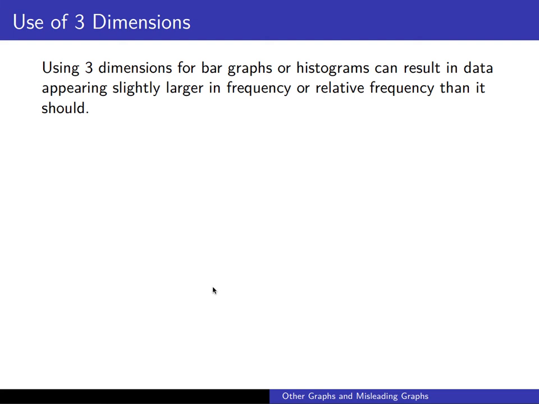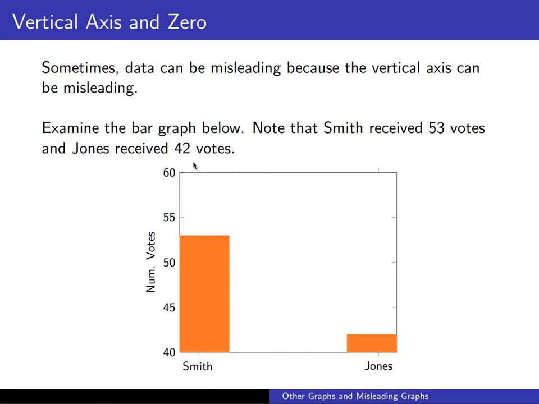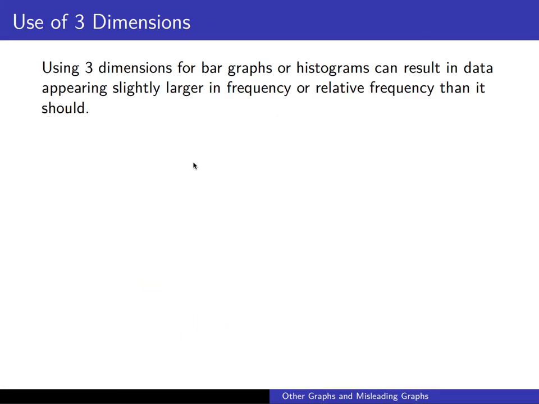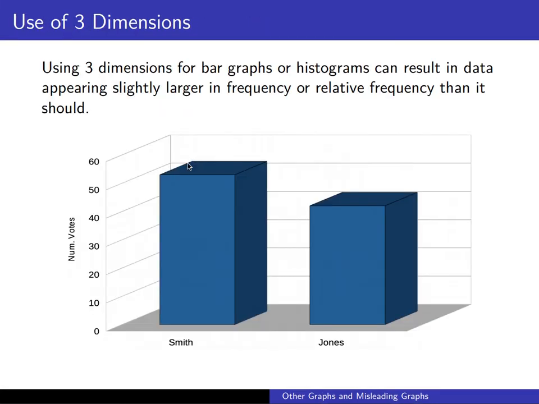Pie graphs aren't exactly a major issue using 3 dimensions, but take a look at the following for the same vote count, here with the third dimension of depth. Smith had 53 and Jones 42.